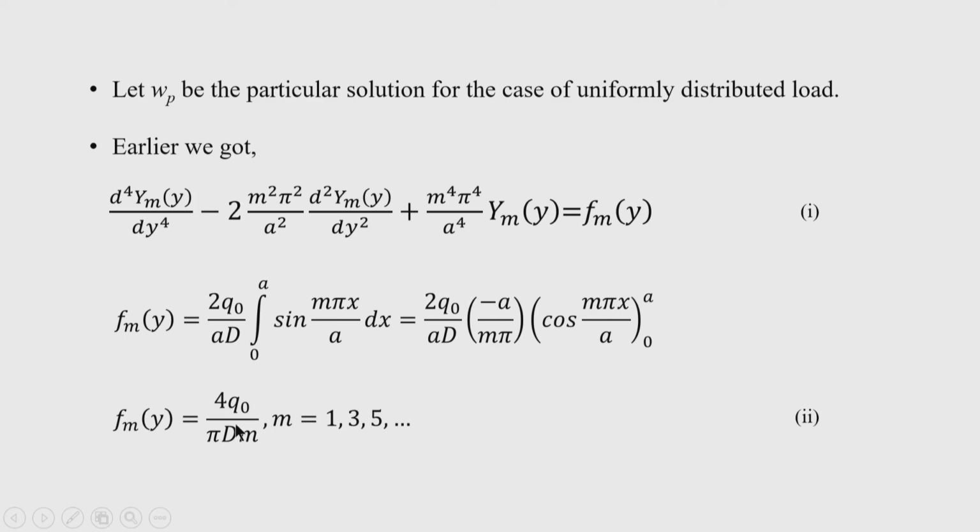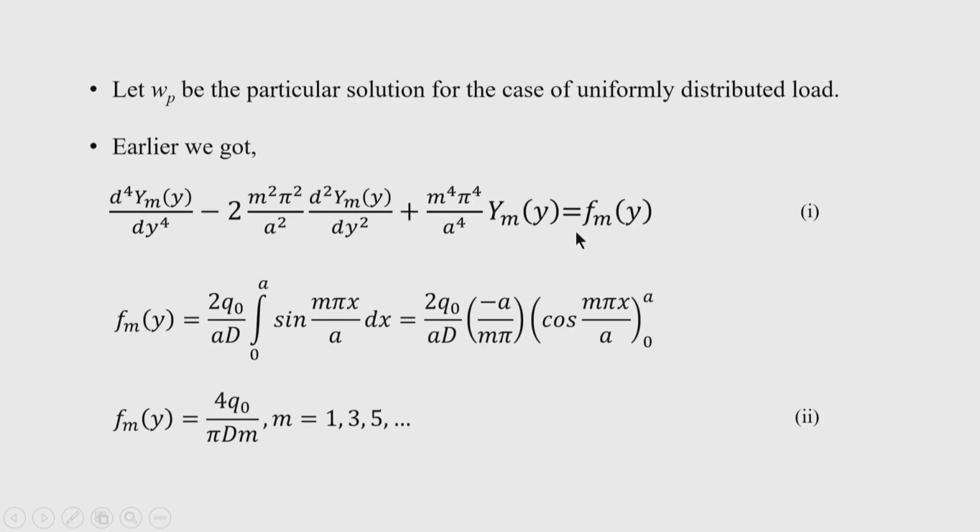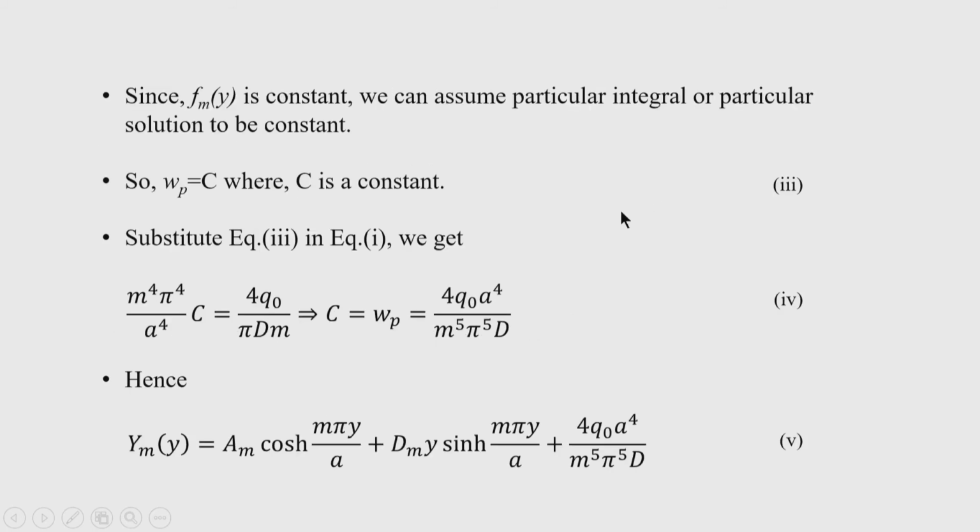So, therefore, we assume that the particular integral or particular solution is also a constant. So, let us assume that W p equal to c, where c is a constant. Substituting these 3 in equation 1, we get this. That means, if this is a solution, then it must satisfy the differential equation, that is the philosophy.